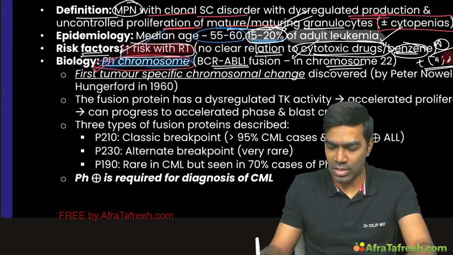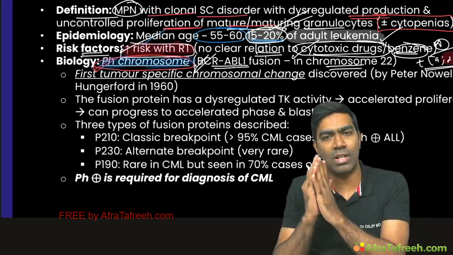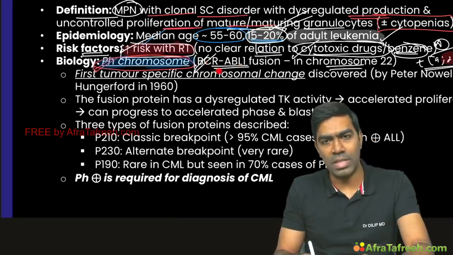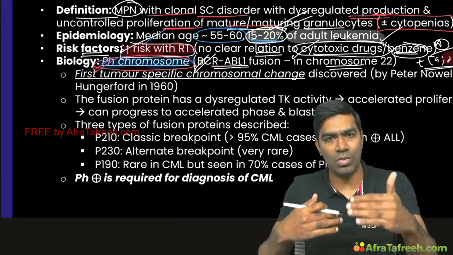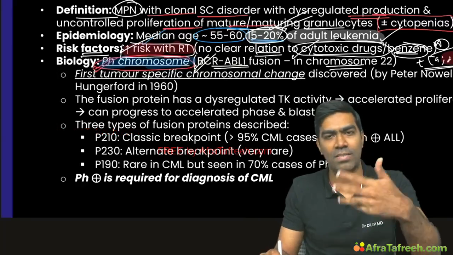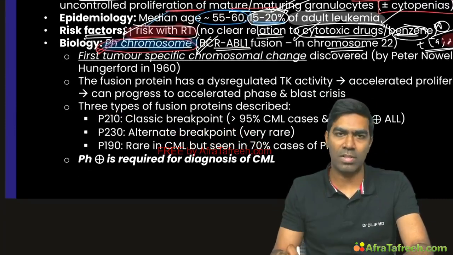BCR is also called the breakpoint cluster region, and ABL1 is a tyrosine kinase. Because of the fusion with BCR, you produce a new fusion protein that has dysregulated and excessive tyrosine kinase activity. And that is the very basis of CML in the first place.